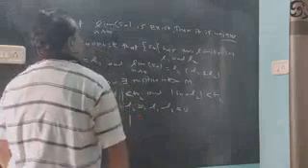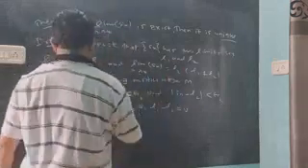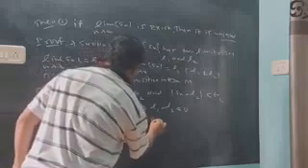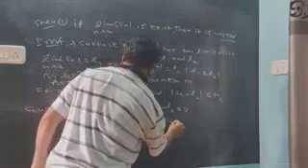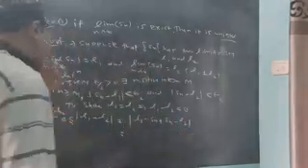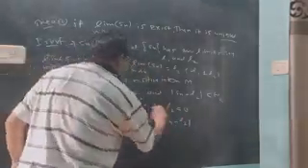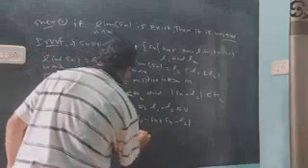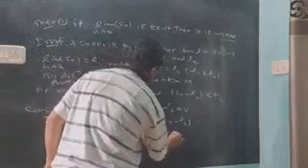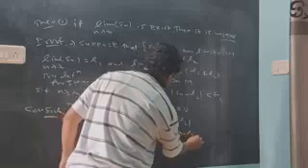We know S_n minus L1 and S_n minus L2, so I add and subtract S_n: L1 minus S_n plus S_n minus L2. Taking minus common, it becomes S_n minus L1.